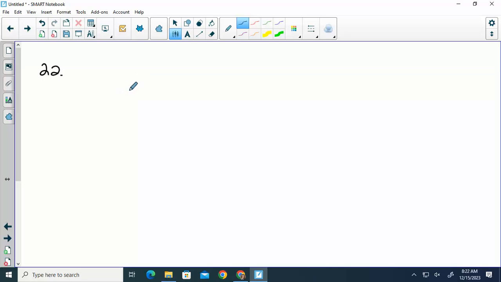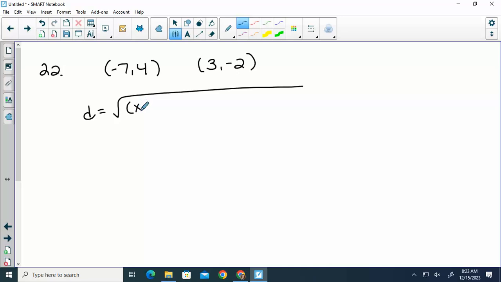22. We want the distance between the points in problem 20. So these were the 2 points. What's the distance for me? Square root of x sub 2 minus x sub 1 squared plus y sub 2 minus y sub 1 squared.